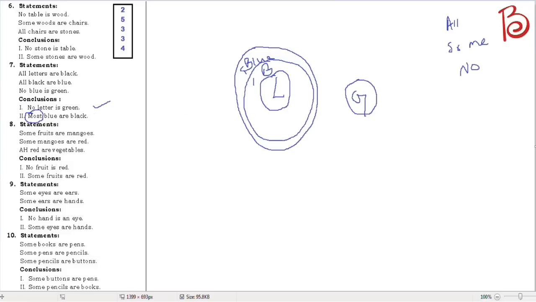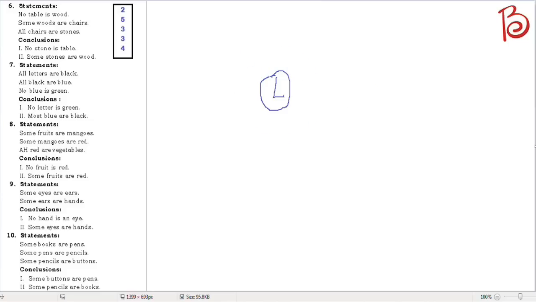I believe you understand the concept here, so don't get worried that there is a different word, most. I don't know how to do the things which start with most or other words. The main idea is there are only three things: all, some, and no. We have to convert it into any of these.